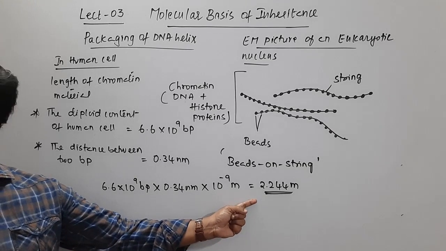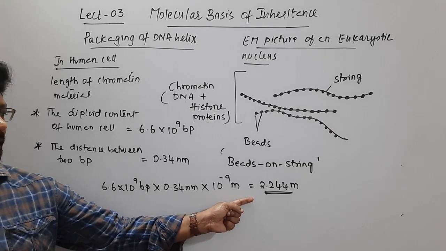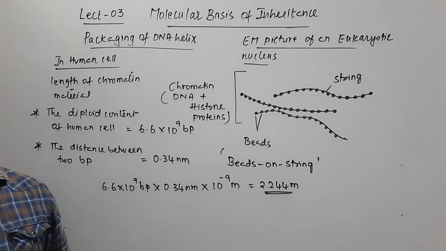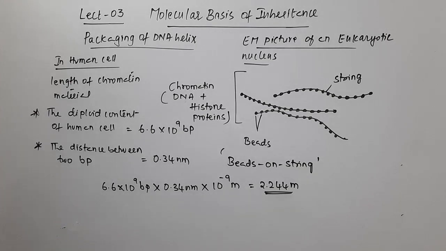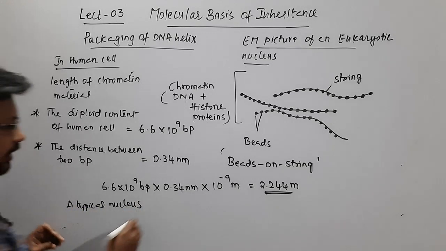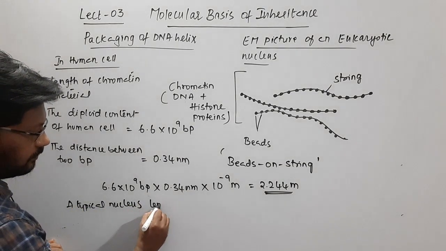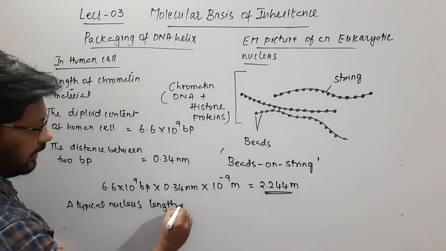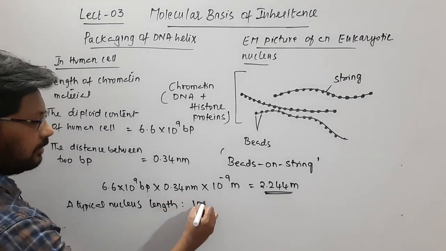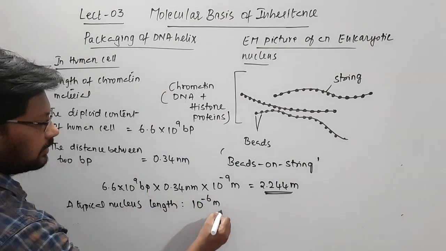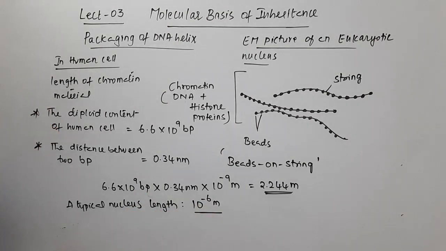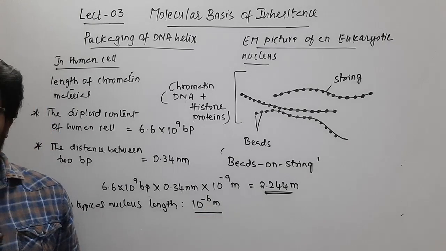So if I put all that chromatin material together, I get a total length of 2.244 meter long. Now, when we see a typical nucleus, it has only 10 to the power of minus 6 meter.